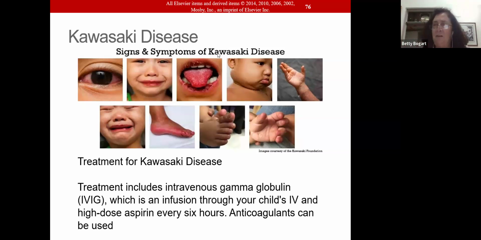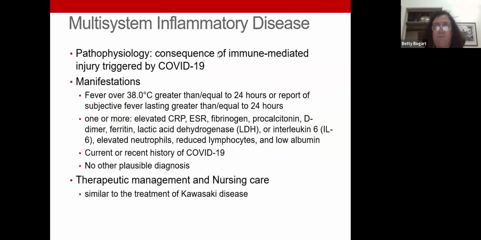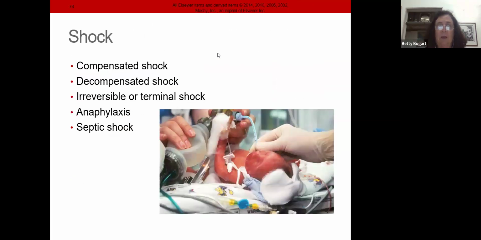And why aspirin? It's an anticoagulant. It helps with the clots, and that's why we give it. Some physicians choose to give Coumadin instead of aspirin, but I've always seen aspirin given. That's all you need to know about Kawasaki.